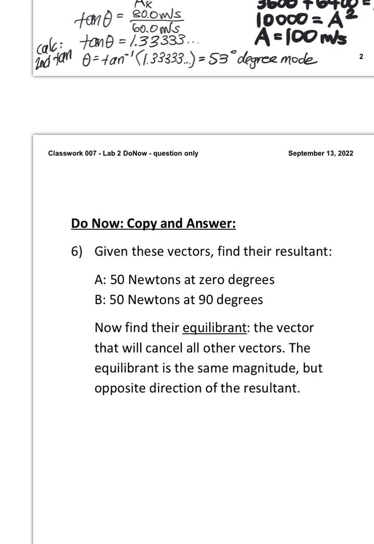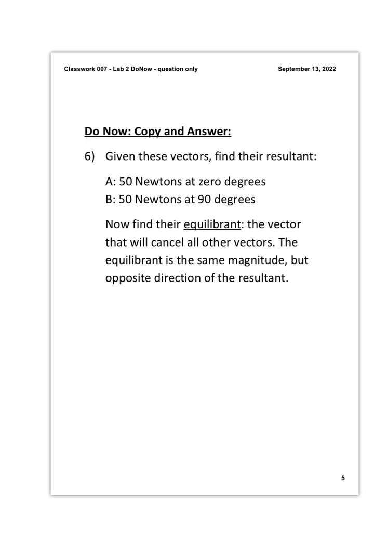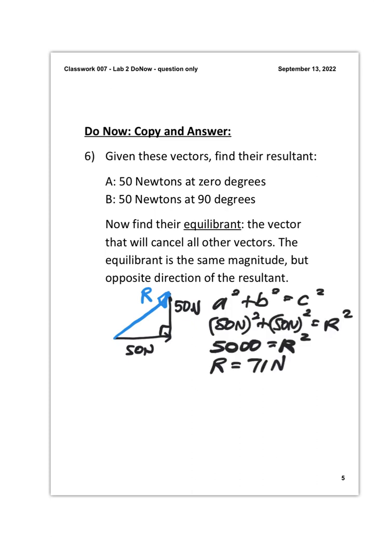And then we have to find what's called the equilibrant. So let's find the resultant first. Got two vectors at right angles, so my resultant is start to finish, and I can treat those two like a right triangle. When you work the math, the resultant is 71 newtons. I could also use the angle.